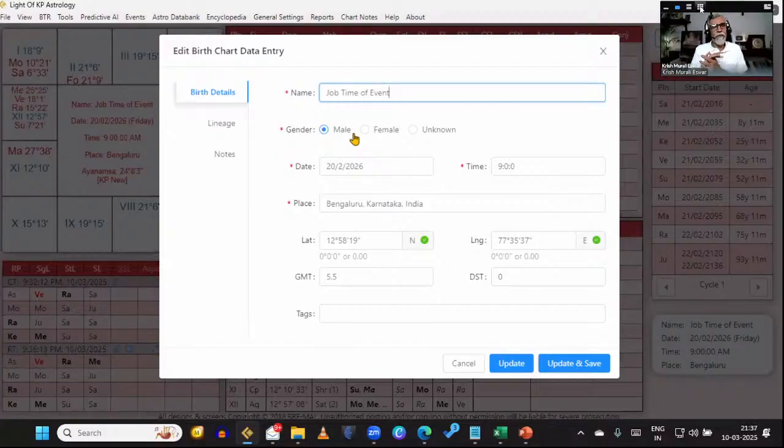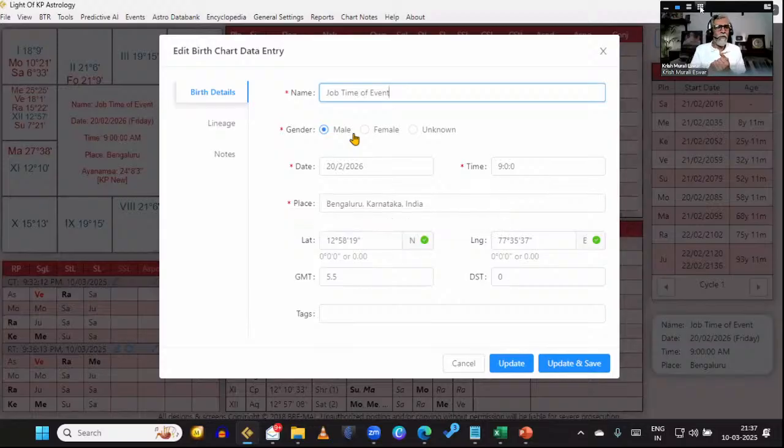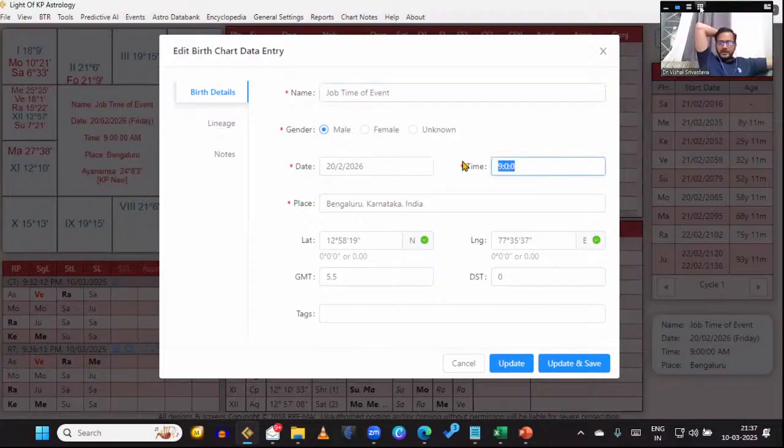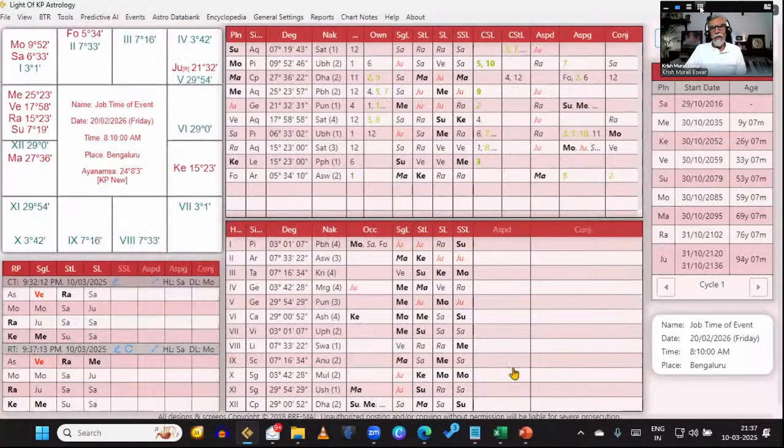Hold on a second. From 18 degree down to around 3 degree, approximately 14 degree multiplied by 4 minutes will be 56 minutes. So let us say 8:10 a.m. in the morning. It's still not there. Okay. So let's say 8.